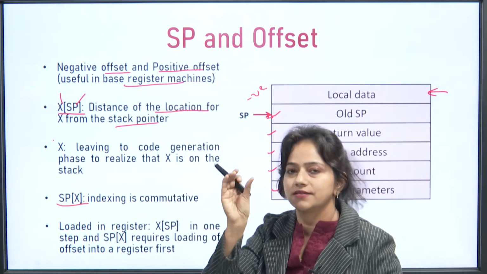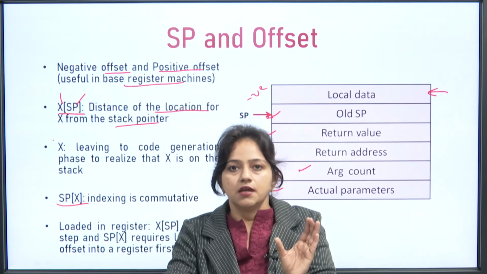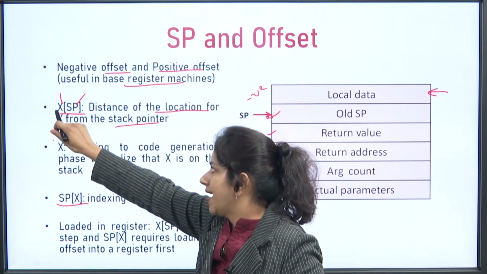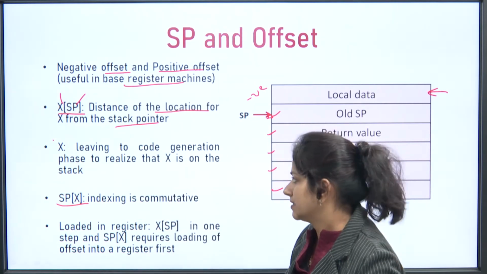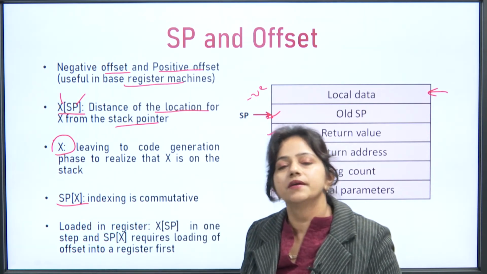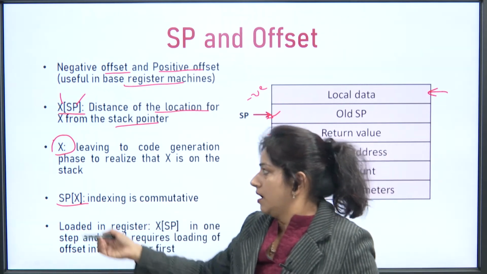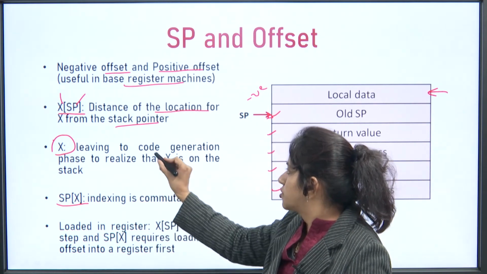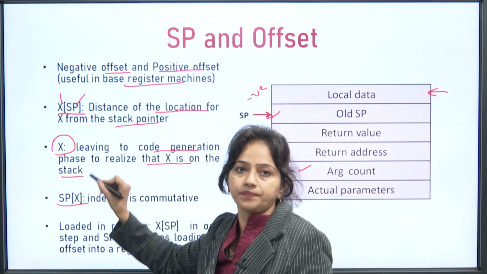We can write it like this also, x SP, meaning this is just the offset of SP, but the notation is like this. In some compilers, while designing the intermediate code, this can be written only as x, and it is left to the code generation phase to realize that x is on the stack, right.